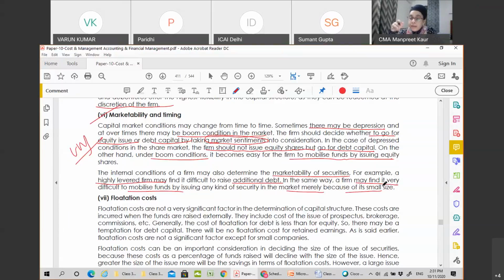A firm may also find it difficult to mobilize funds through any kind of security because of its small size. So we can have an optimal structure by knowing about the flexibility, control, marketability, timings, sales. These are the factors that influence the capital structure.